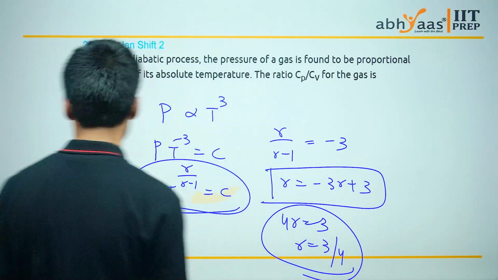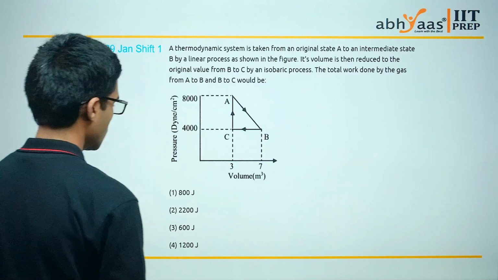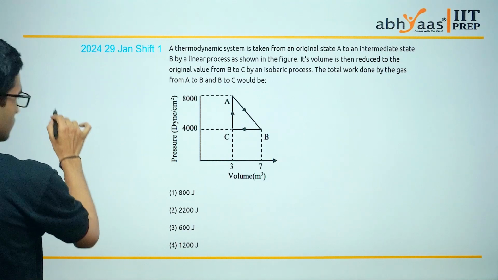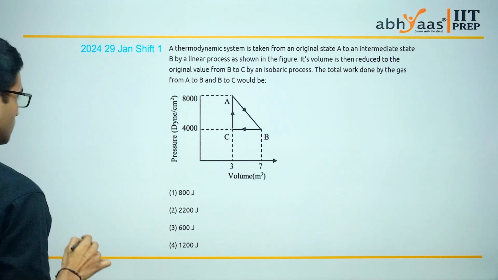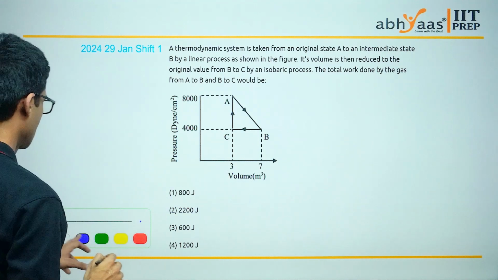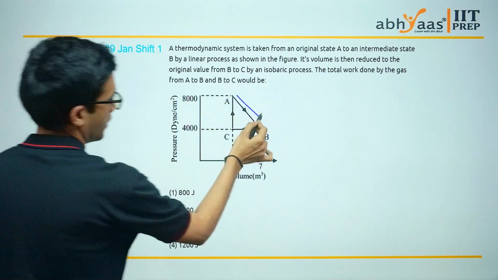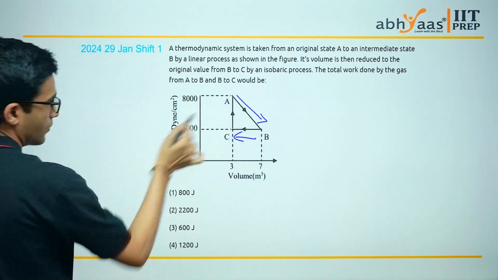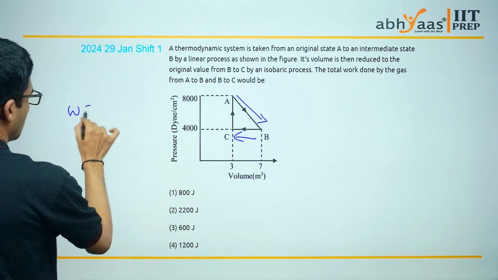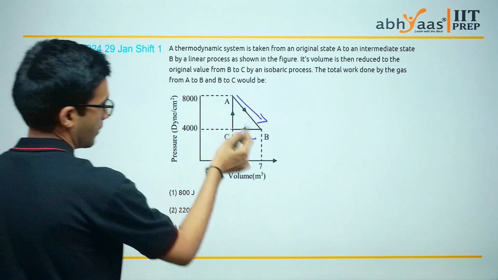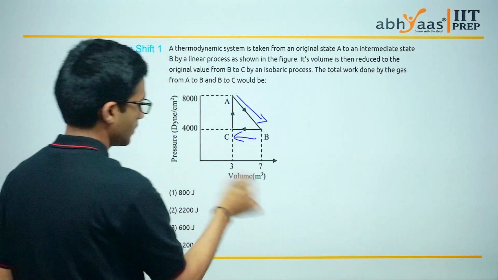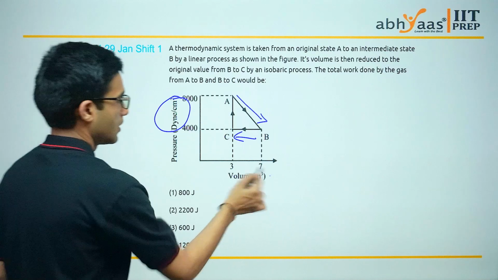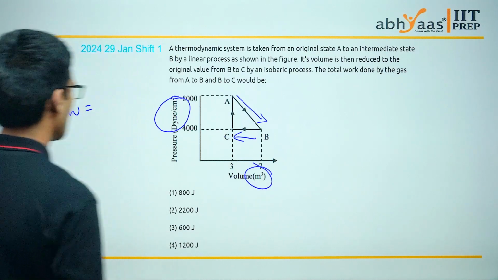Next question is also related to work done in the process. Work done from A to B plus B to C needs to be calculated. Here, pressure is changing, that's why I am taking the average. In this type of curve, Y is changing, X is changing. Y is given in dyne per centimeter square, X is given in terms of volume, meter cube.